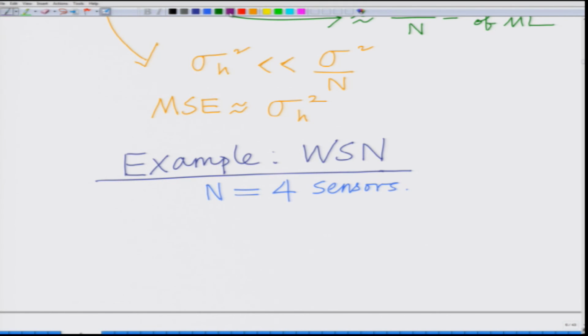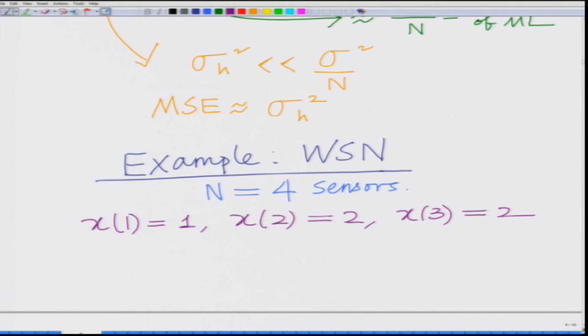We have n equal to 4 sensors, and we have the measurements x1 equal to 1, x2 equal to 2, x3 equal to 2, and x4 equal to 1.